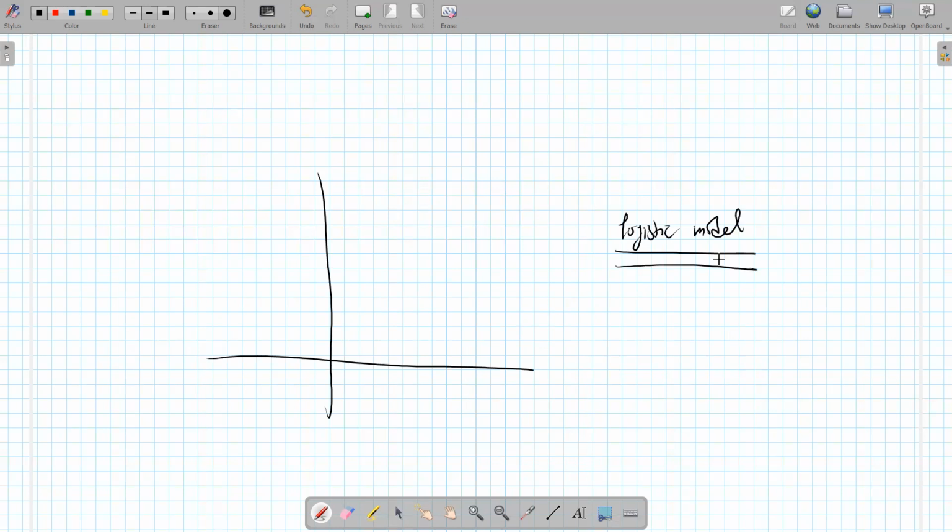The equation is pretty nasty, but what it looks like is this. There's a horizontal asymptote here. This is called the K value, and K represents the carrying capacity. There's only so much space and so many resources.